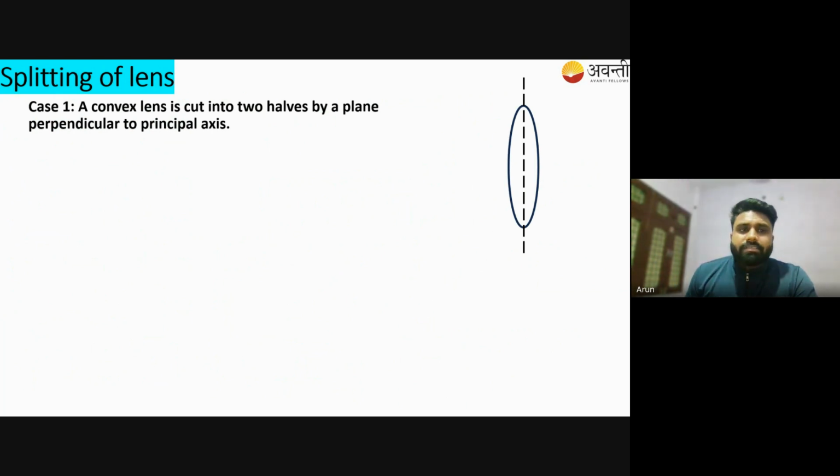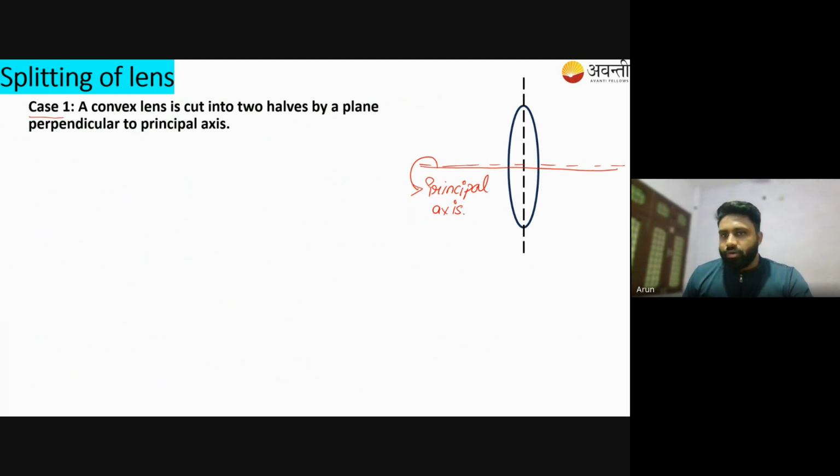So in splitting of lens, case number 1 is a convex lens cut into two halves by a plane perpendicular to the principal axis. Look, this is the convex lens we have. This axis is the principal axis, and we are cutting the lens by a plane perpendicular to it.